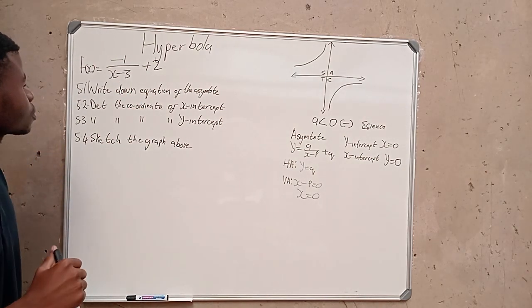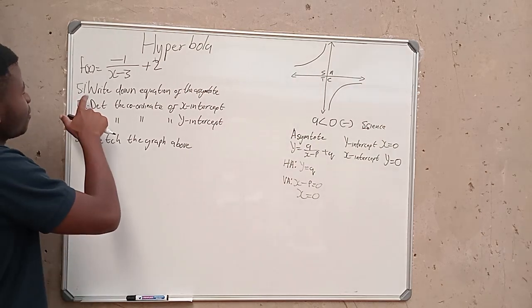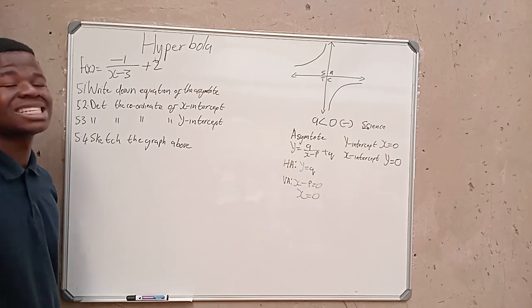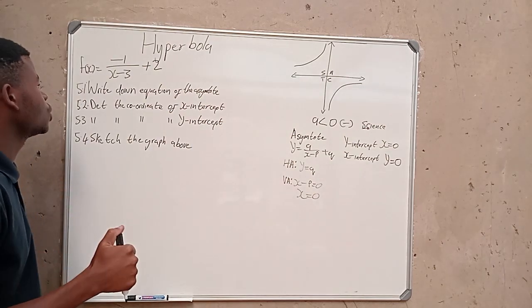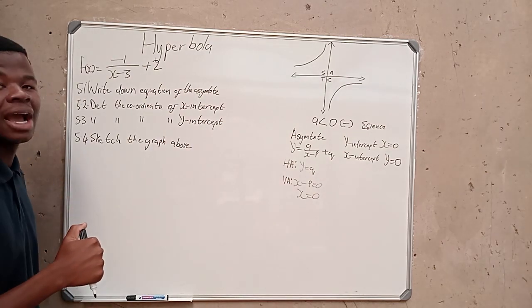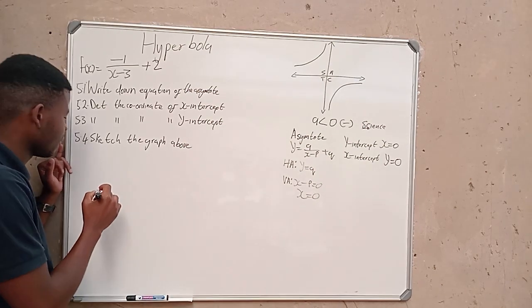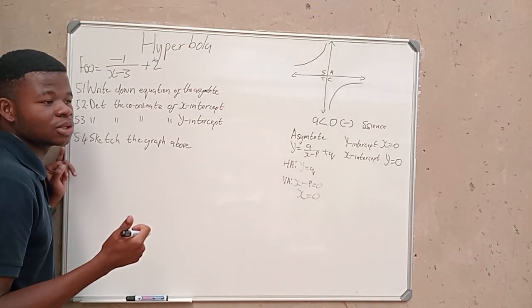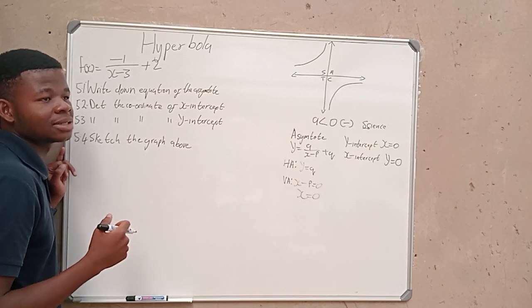I've written some information on the side that is going to help us, so you don't have to struggle or go through a lot of notes. So 5.1 says, write down the equation of the asymptote. When they say that, it means they are looking for the horizontal asymptote and the vertical asymptote.